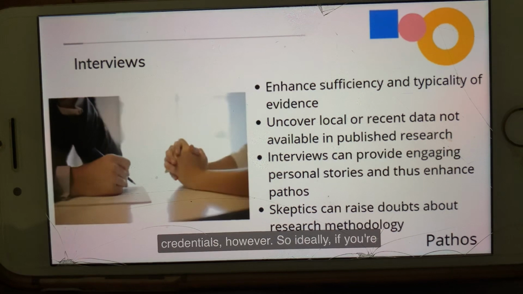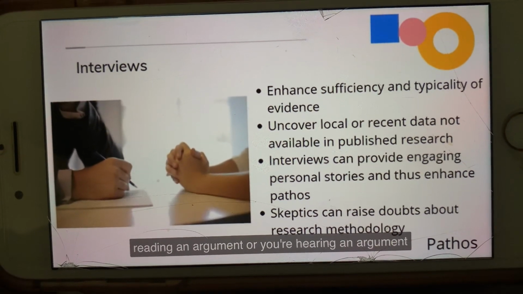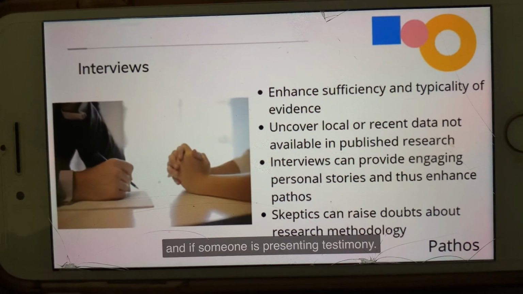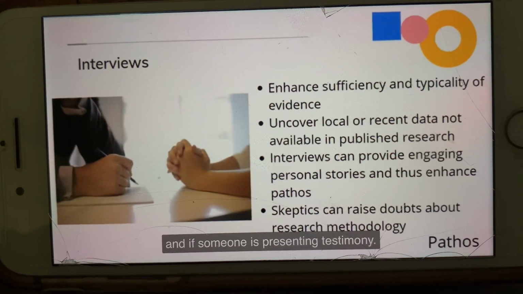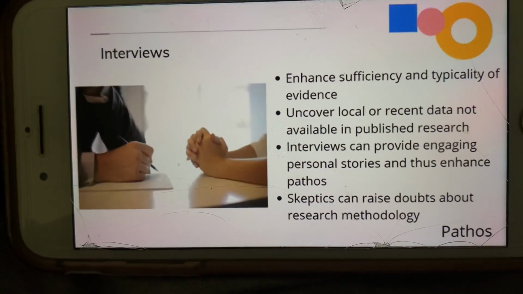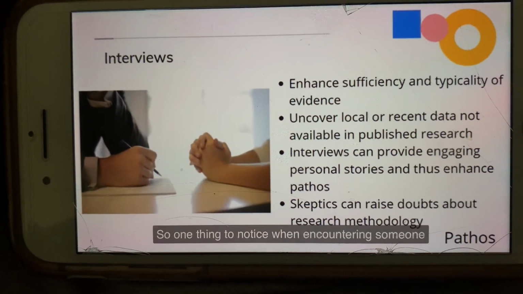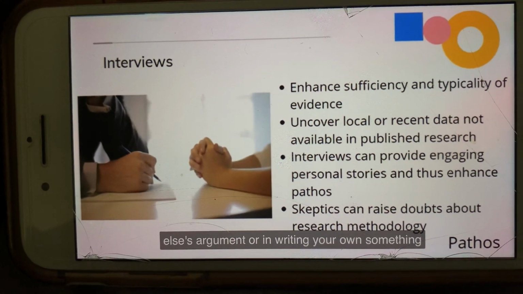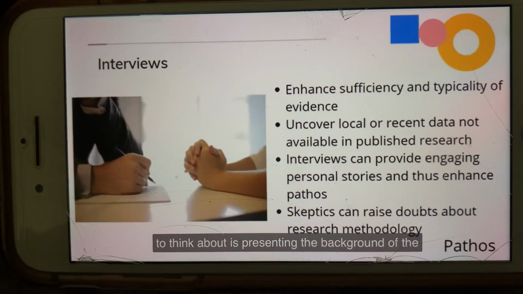Interviews can fall somewhere between logos and pathos in their appeals, because interviews can often be very scientific, but at the same time when someone's being interviewed, usually they're recounting some personal experience. And similar to what I just described, there can be an emotional appeal that way, an imaginative appeal, a sensory appeal.